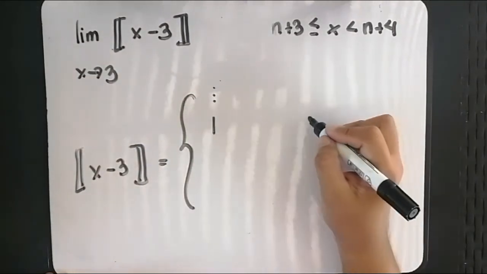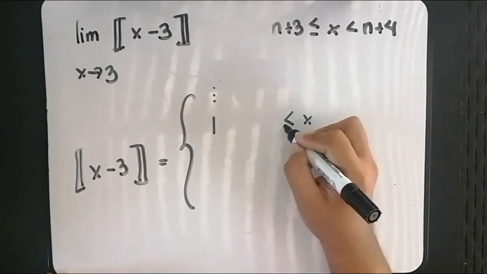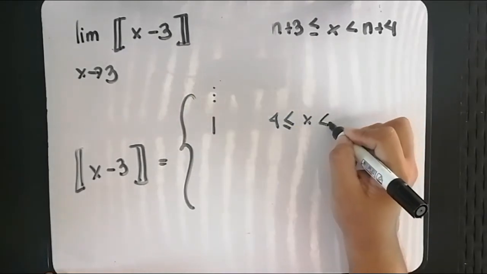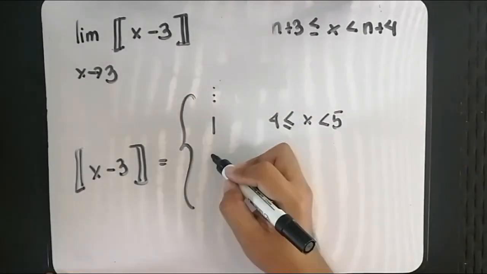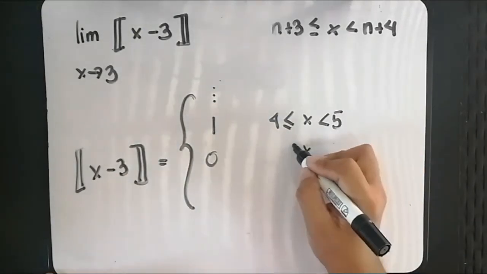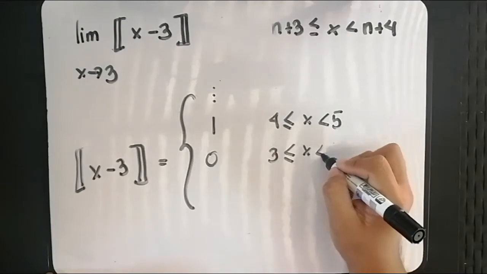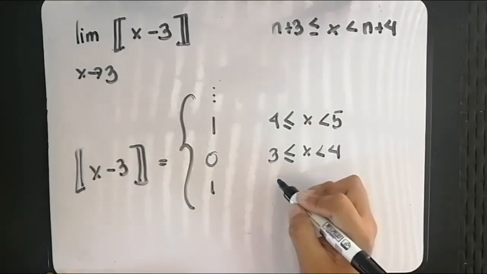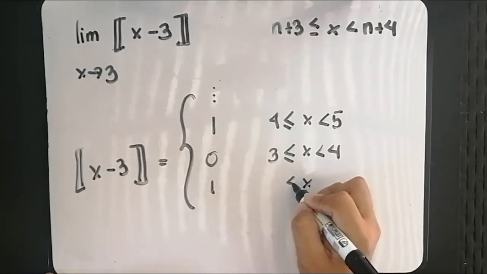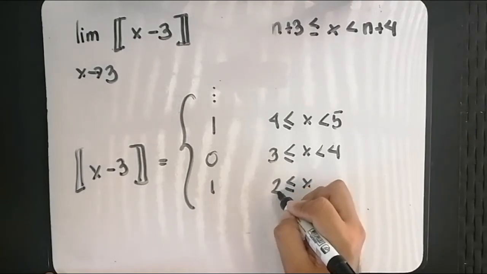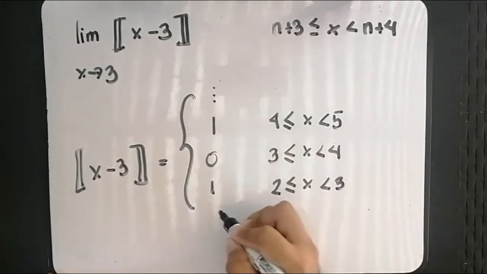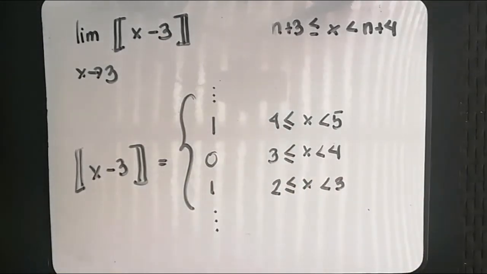We have 1 for x greater than or equal to 4 but less than 5. 0 siya for x greater than or equal to 3 but less than 4. 1 siya for x greater than or equal to 2 but less than 3, and so on and so forth.